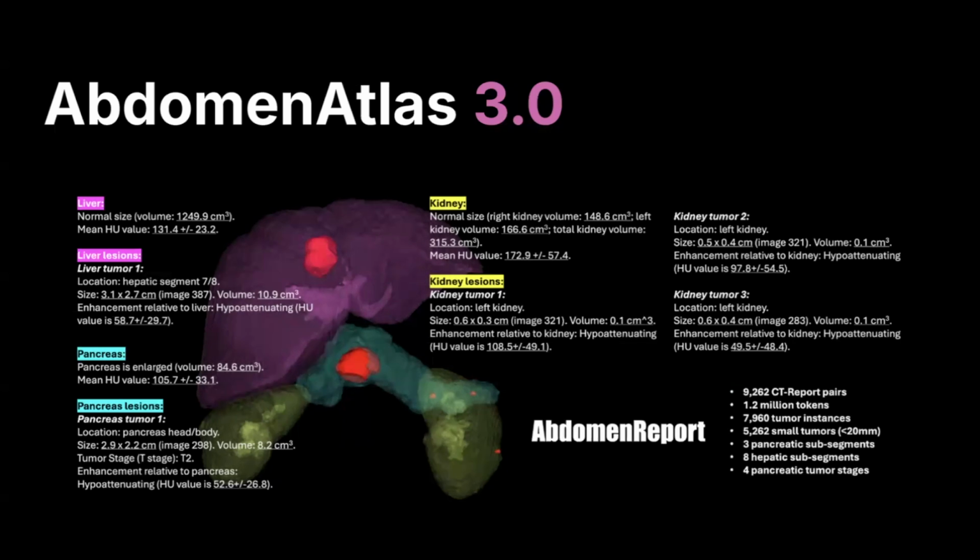So head, body, and tail, and this is very important for staging, because staging in the head is different from staging in the tail, and also for tracking the tumor. Also, we have the 8 liver subsegments. That's the largest data set with this information. Yeah, that's basically Abdomen Atlas 3.0.